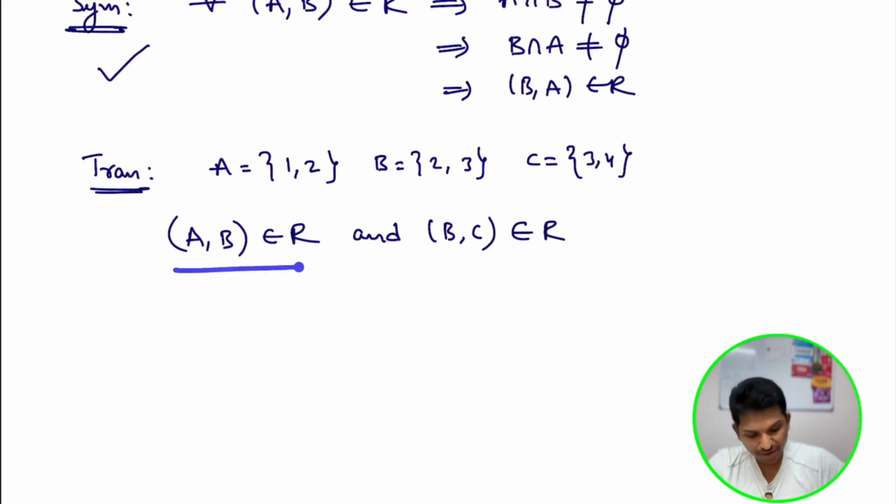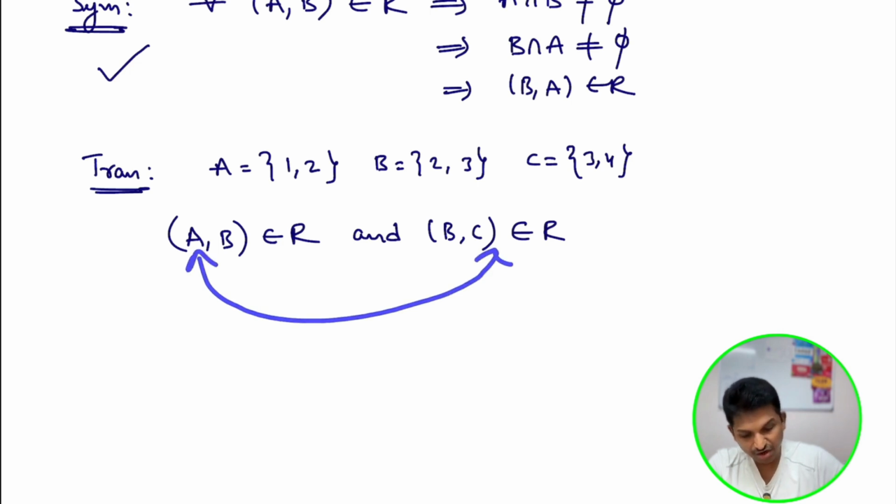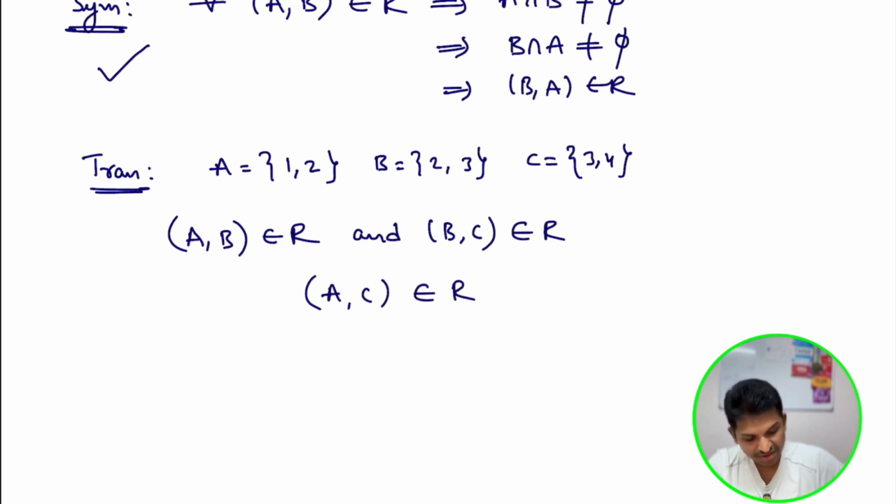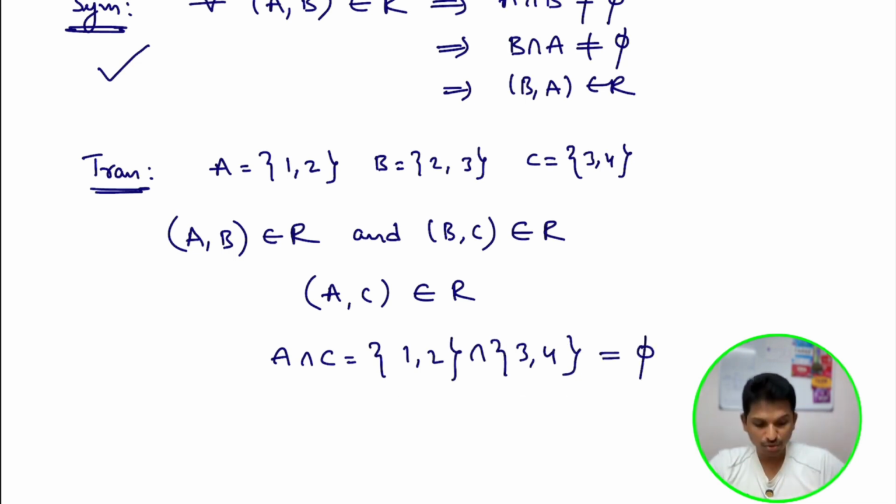So I identified (A, B) and (B, C) in the relation. Now you look whether (A, C) is there in the relation or not. When (A, C) belongs to the relation, A intersection C must be not a null set. Calculate A intersection C. There is no element in common. So when I do this, you are getting a null set. So what can I say?